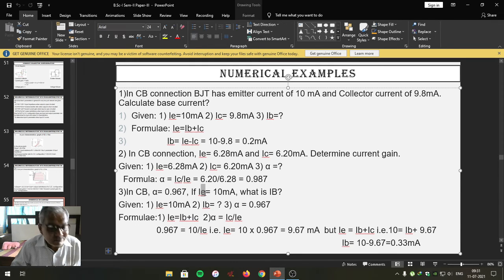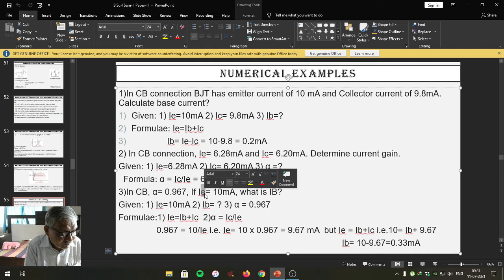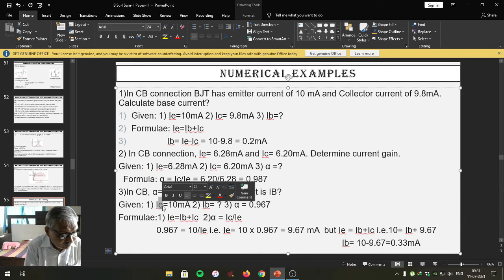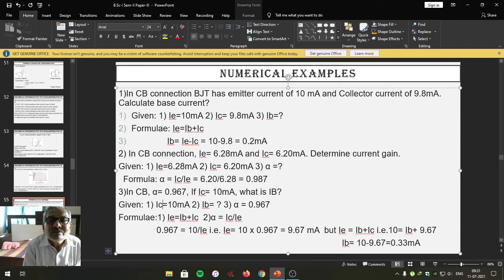Okay, put the value of IE as 10 milliampere. Alpha is given, therefore IC is equal to 10 into 0.967, it is 9.67 milliampere.